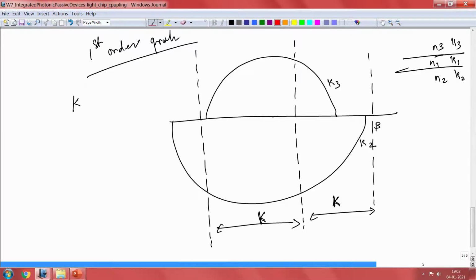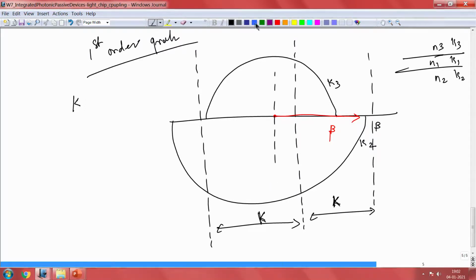So we start at the center here, the center of the circle, and this is our beta. Now the incoming light, this is just for guidance, there is nothing more to this.